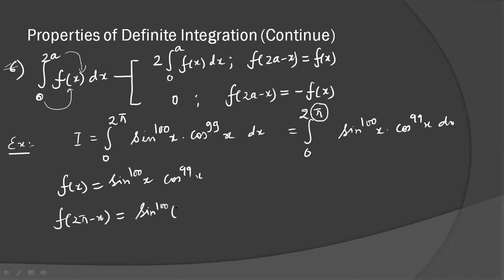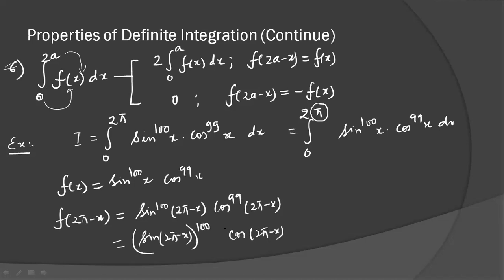It is sine of (2 pi minus x) to the power 100, and cos of (2 pi minus x) to the power 99. We know that sine 360 minus theta is minus sine theta, but the power is even, so sine will be positive again, so it will be sine to the power 100x only.